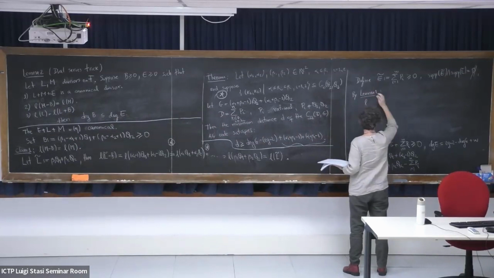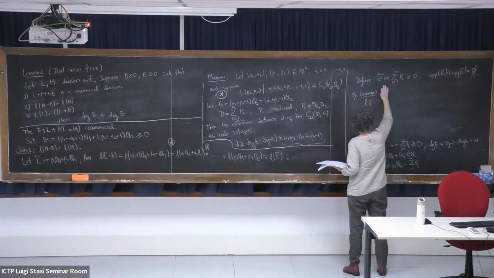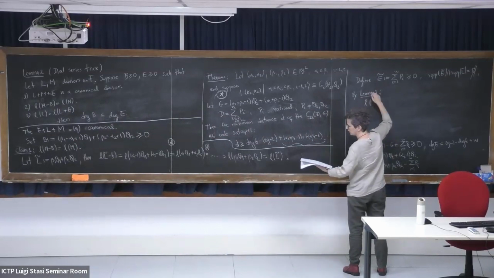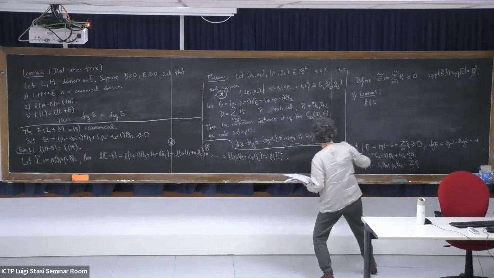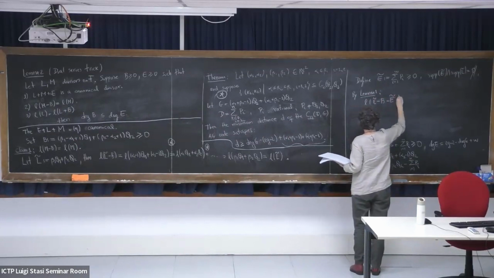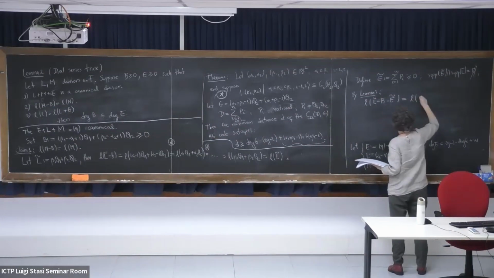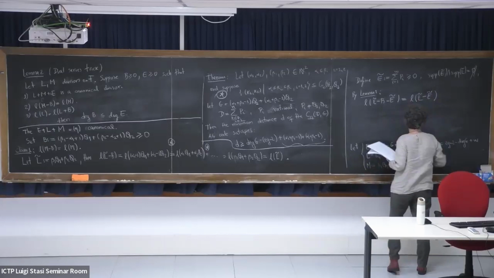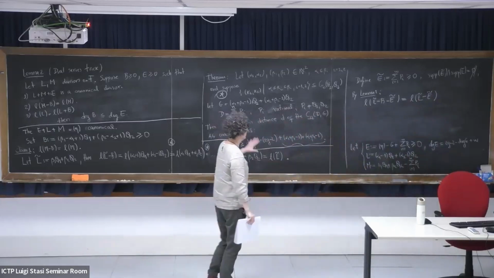Eta tilde satisfies the right conditions. So lemma 1 implies that I can just take off eta tilde from here. L tilde minus B minus this is going to be equal to this guy, L tilde minus eta tilde. This is lemma 1. Okay?